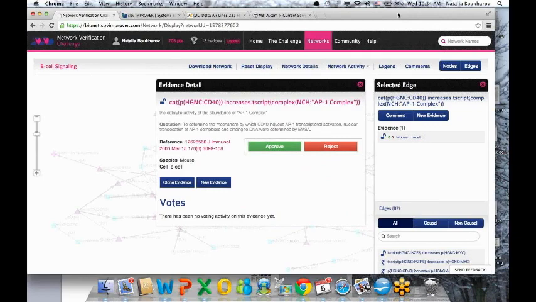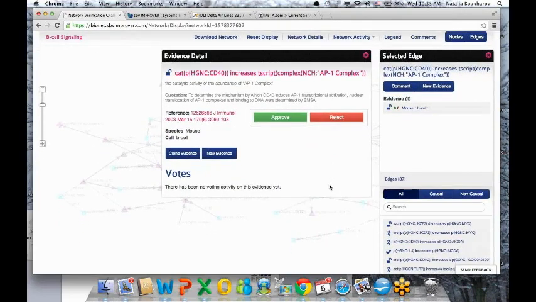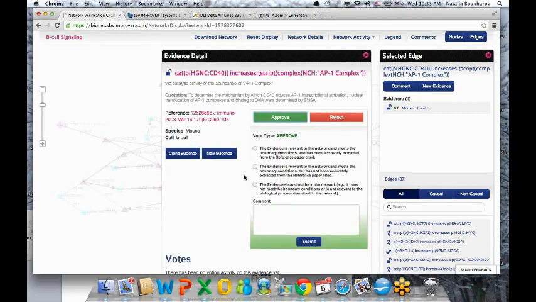Okay. So what we would do is we would look at the paper, look at the quotation, then we would make sure that this is an acceptable species, and we agreed to include information from mouse, rat, and human. We would look to make sure that it's really a B cell, and then we would approve.